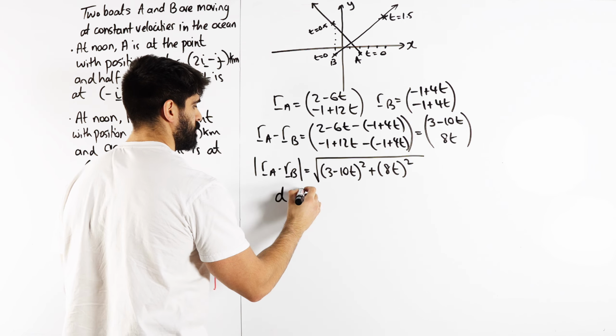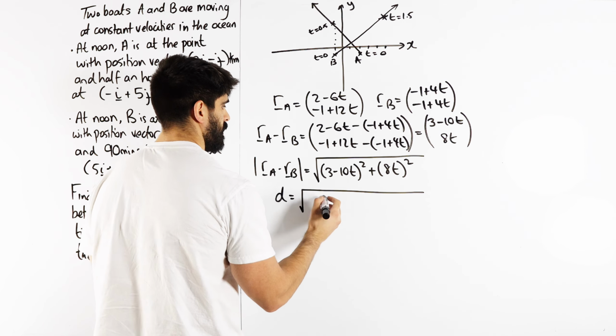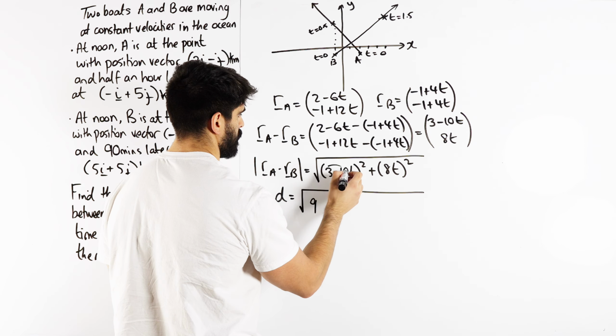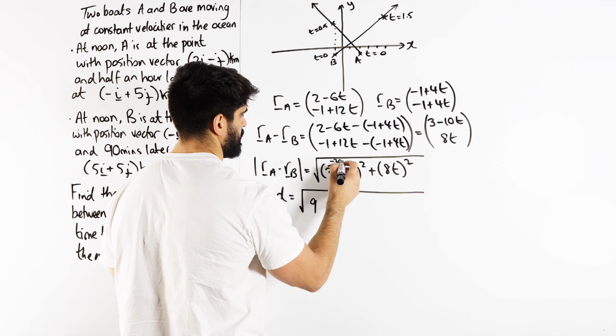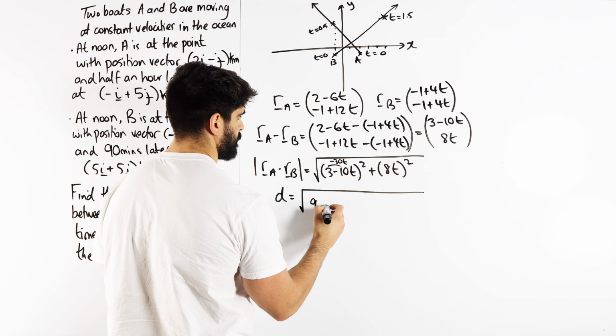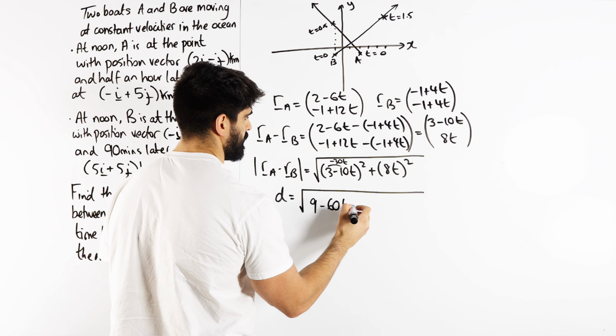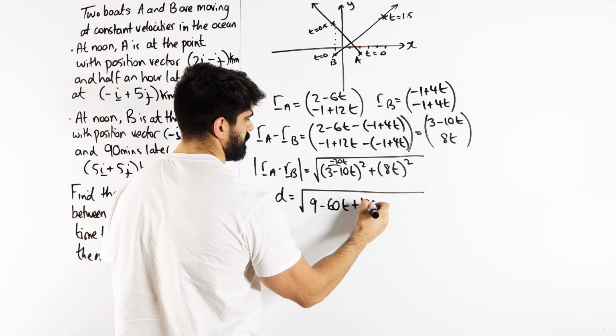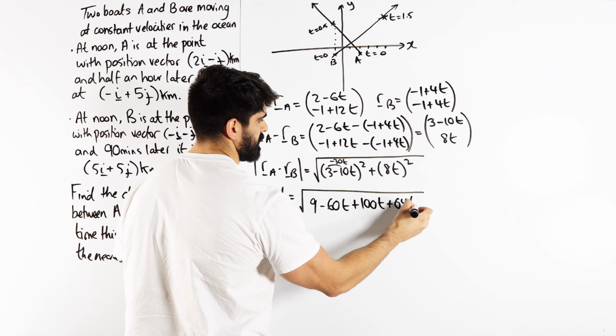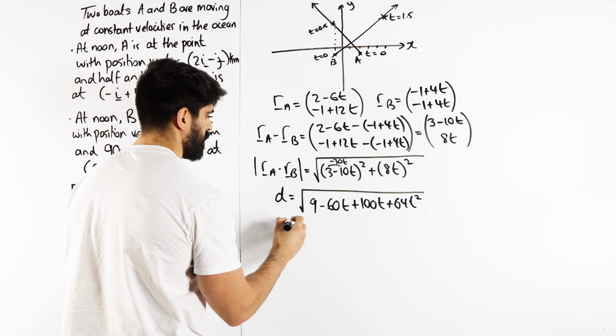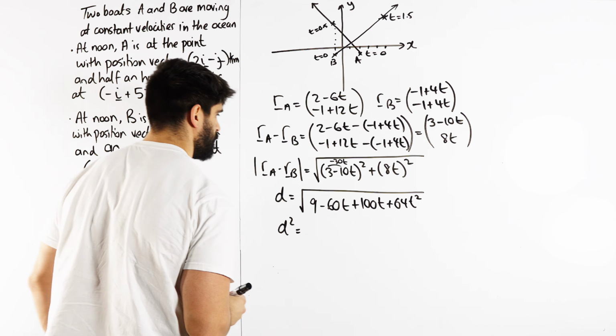So we get a root of 3 squared is 9. Multiply these together is minus 30t, double it, minus 60t, plus 100t squared plus 64t squared. I actually like working with d squared because of what we're going to do next.